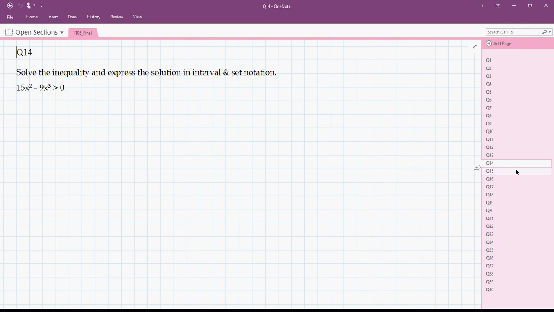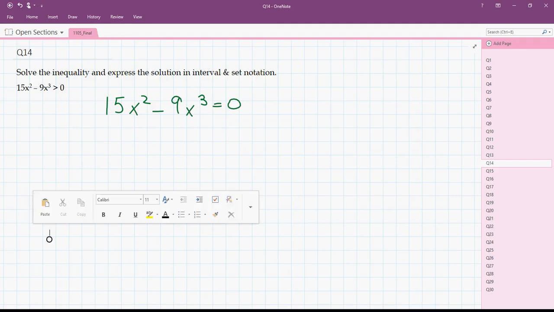So first step is setting it equal to 0 and finding your zeros. This function, since it has no divisions or fractions, has no asymptotes. So we're just solving for it's equal to 0. So if we were going to factor this, both of these numbers are divisible by 3, so we can take out a 3.